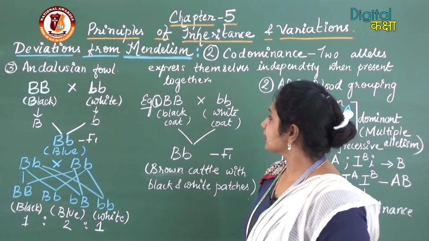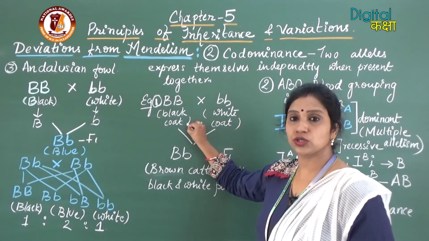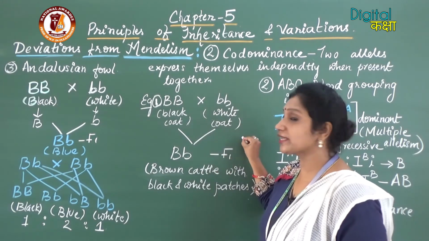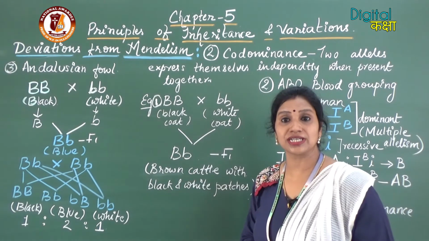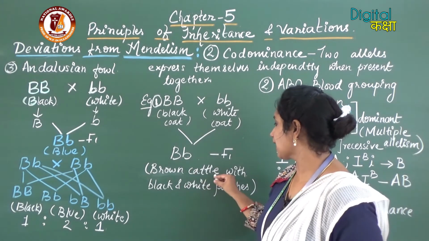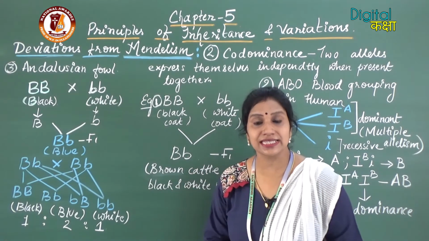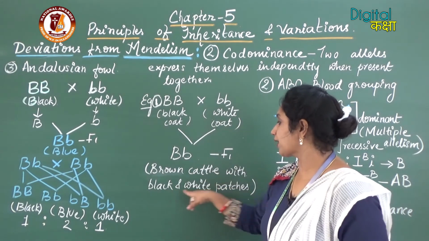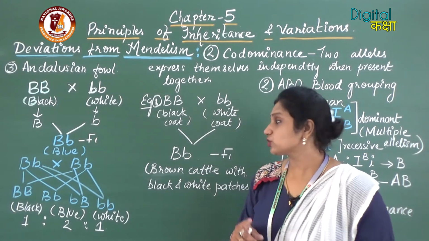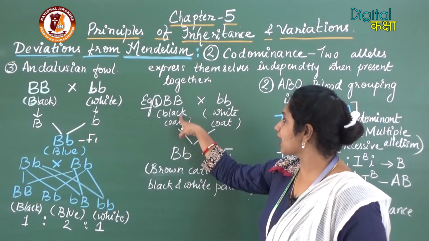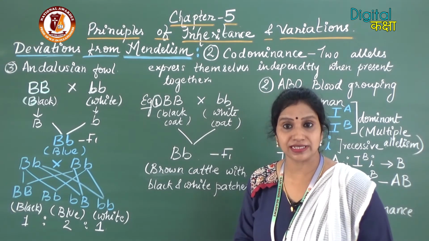Here we can see that when we have crossed a cattle with a black coat with a cattle with a white coat, the resultant cattle in the F1 generation is a brown cattle with black and white patches. Now the black and white patches were the characters of the parents. So here both black and white color have expressed themselves independently.